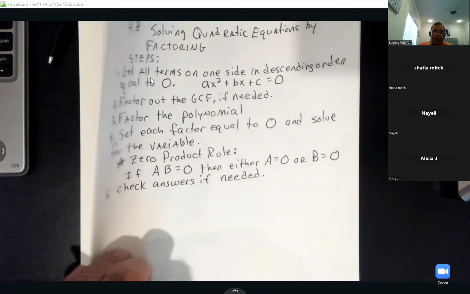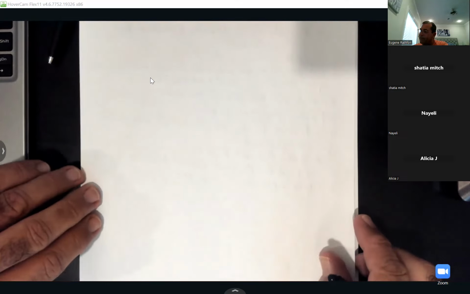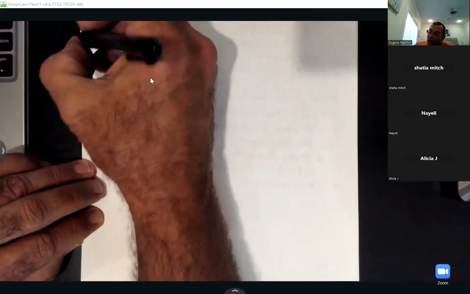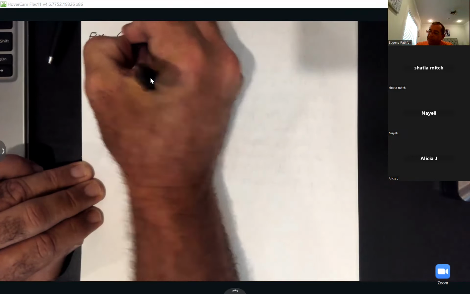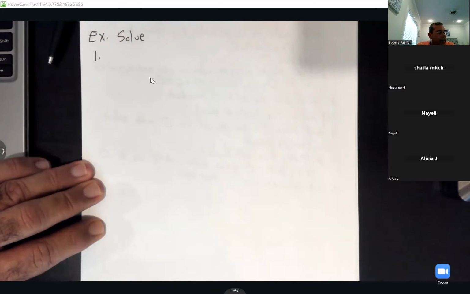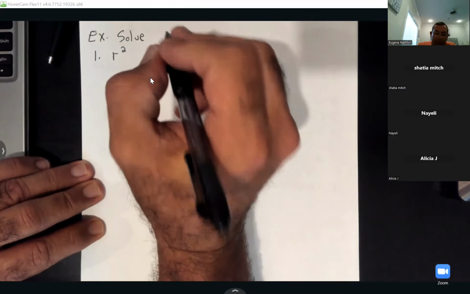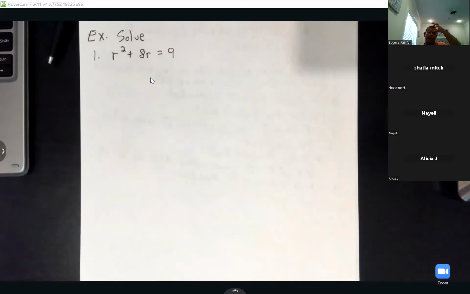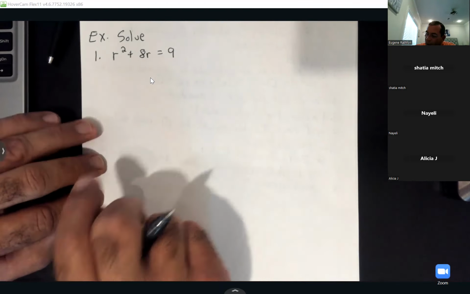All right, y'all, so I'm going to turn the page and we will start on our number 1. And all these are going to say is solve. So y'all look at here. Number 1, I got an r squared plus 8r equals 9. So we're going to break this one down as we go through.